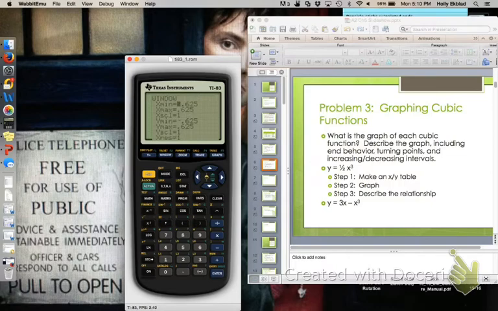So I'm going to change my window from -10 to 10. I'm going to try graphing that.